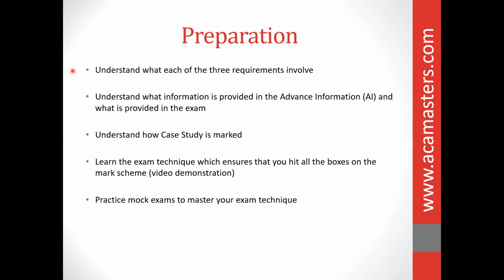So once you've got an understanding of what each of the three requirements involves, what information is provided in the AI and what information is provided in the exam paper, then what is really crucial is that you understand how case study is marked.